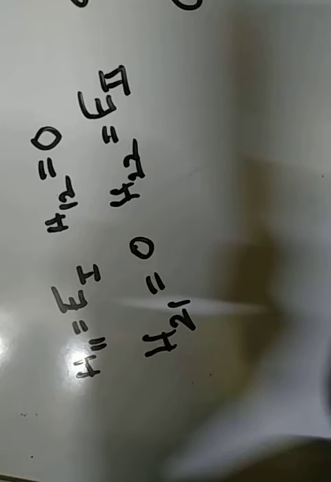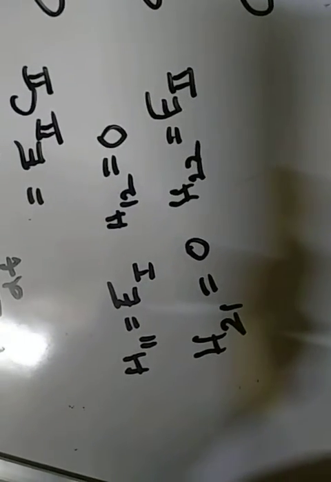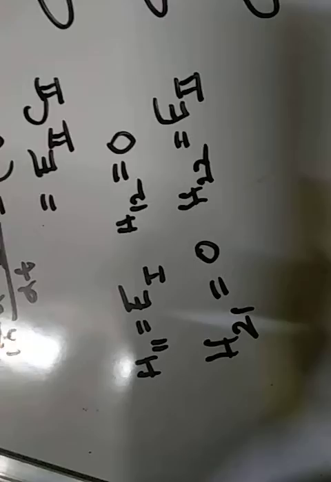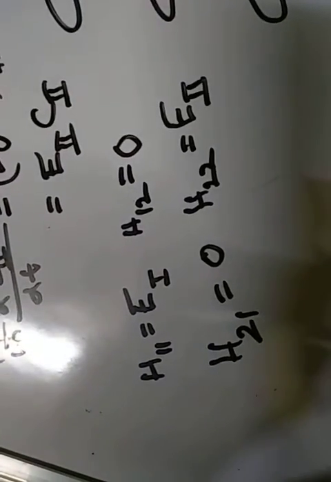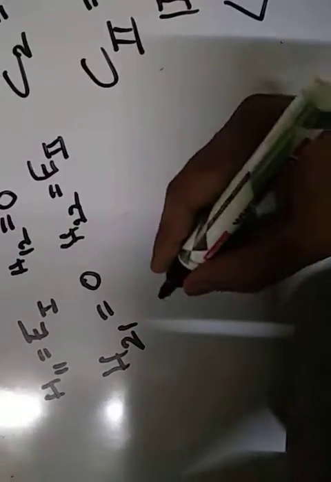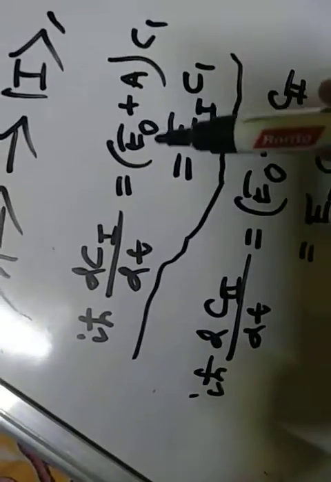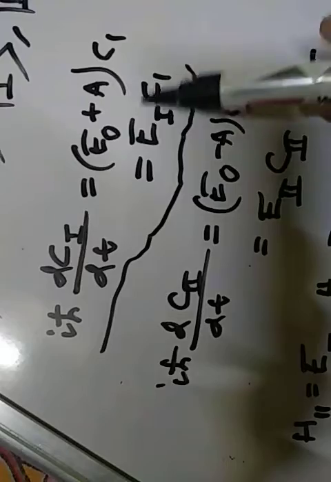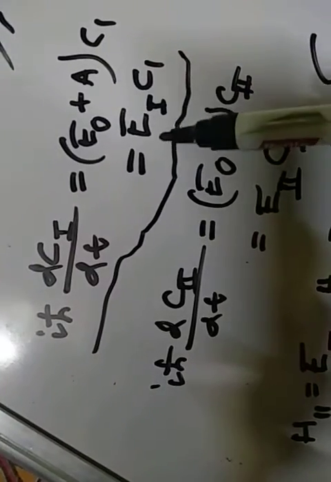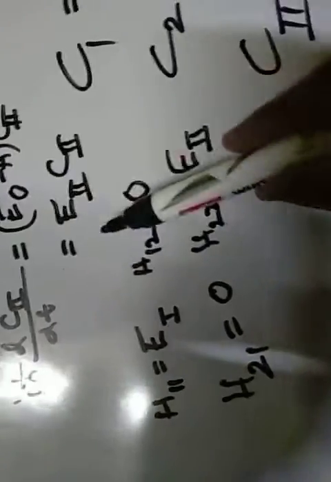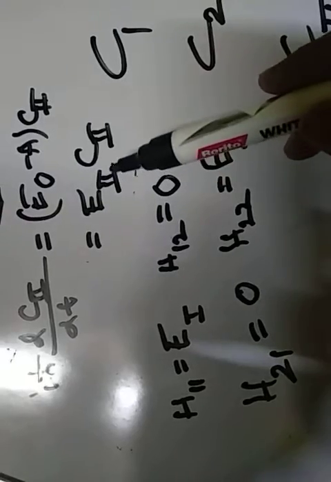So this completes the Hamiltonian matrix, and from this we have found the stationary states. Why do we call it a stationary state? For they carry the energies, single energies, so these are stationary states.